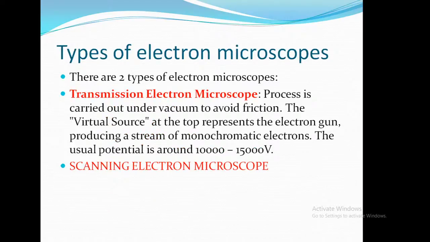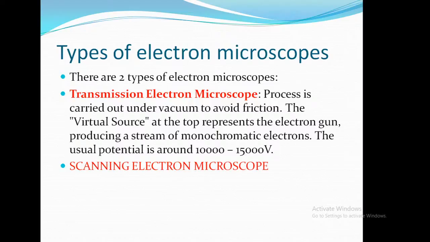So there are two types of electron microscope: the transmission electron microscope and the scanning electron microscope. The process is carried out under vacuum to avoid collisions. The virtual source at the top represents the electron gun.